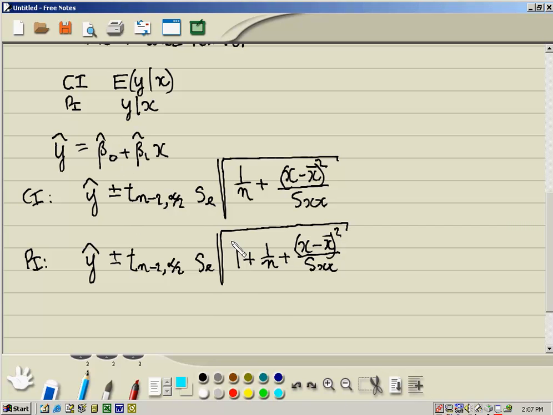Alright, so the only difference between those two formulas is the 1 in the prediction interval.